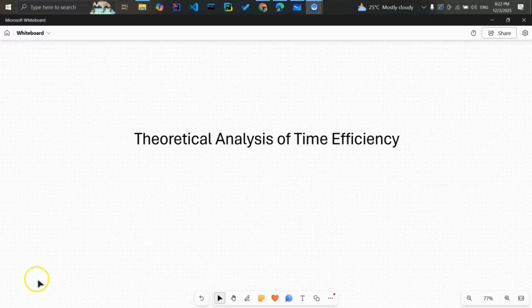Why do we do it? We can compare algorithms and choose the most efficient one, predict performance for large inputs, avoid time-consuming experiments on different machines, and optimize resource usage like CPU and memory.